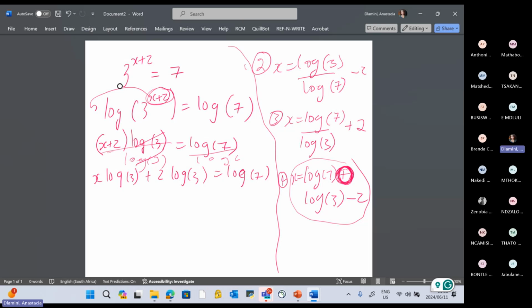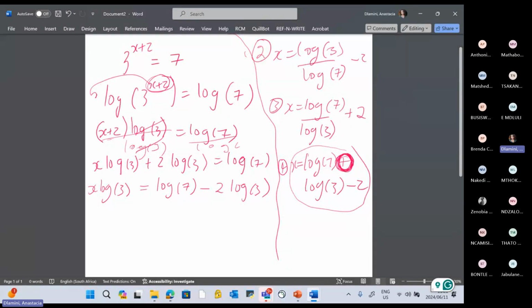Because otherwise from here, let's see, what do we have? We have x log of 3 is equals to log of 7 minus 2 log of 3. And then you have to apply the property here. Do you see that? There's a property. Instead of applying the property before, you still have to divide by log of 3, divide by log of 3, divide by log of 3.